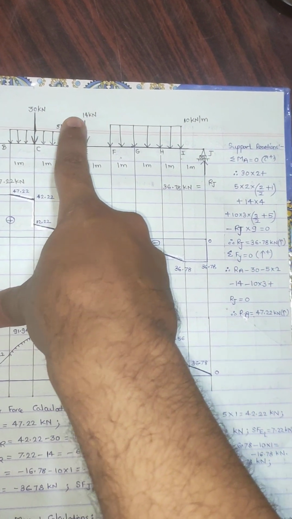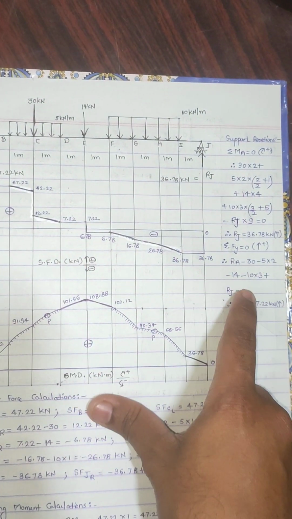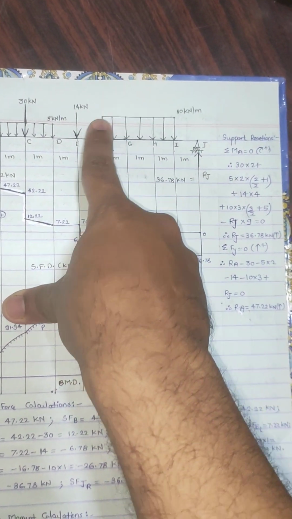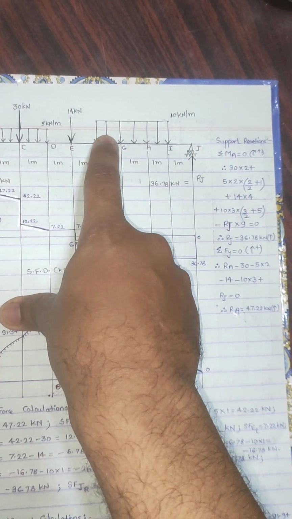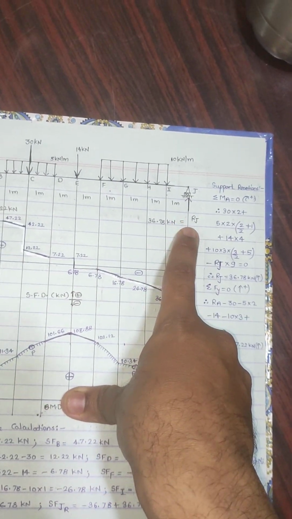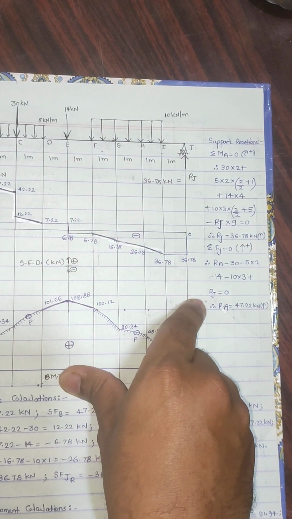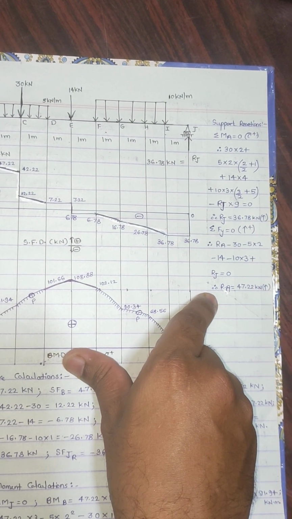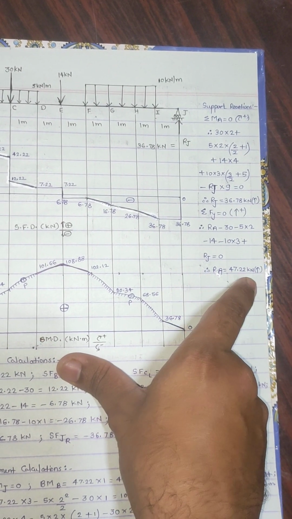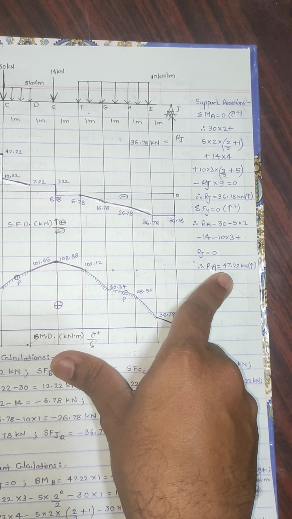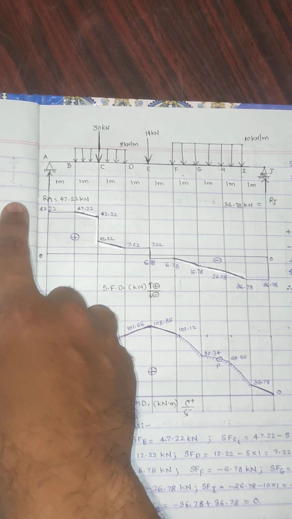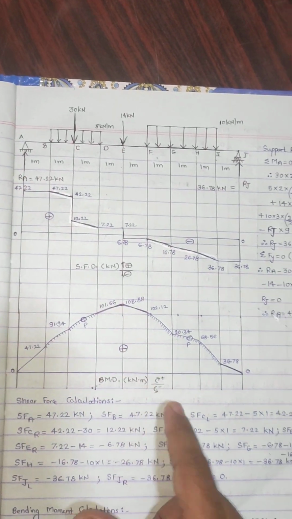Then this point load 14 again downward, so minus 14. Then this 10 UDL is downward and the span is 3, so minus 10 into 3, and this RJ is upward, so plus RJ equals to 0. From here we can get value of RA equals to 47.22 kilonewton. Because I got the answer in positive, the assumed direction, that is upward, of this RA is also correct.